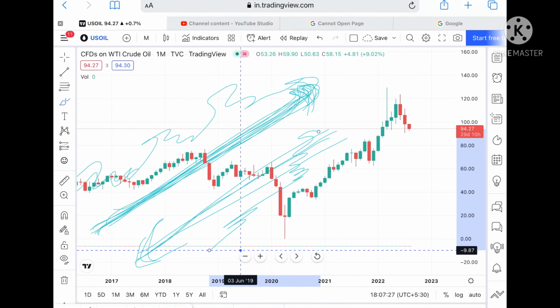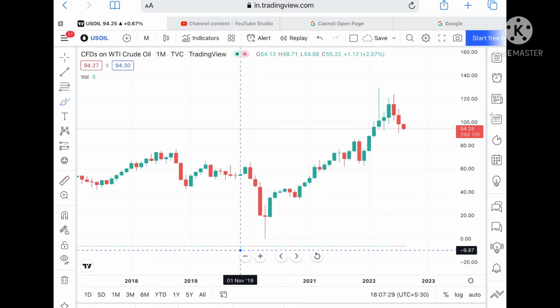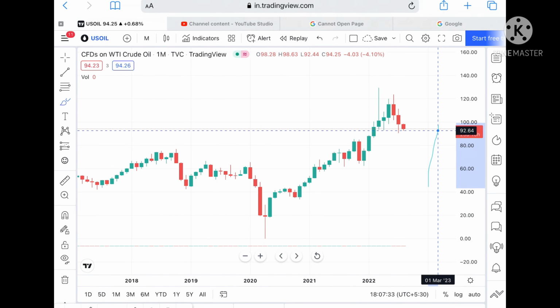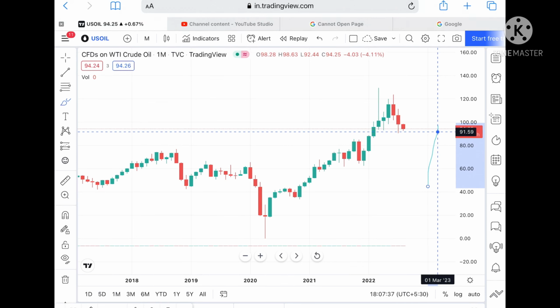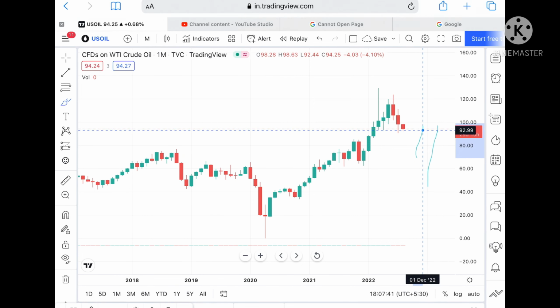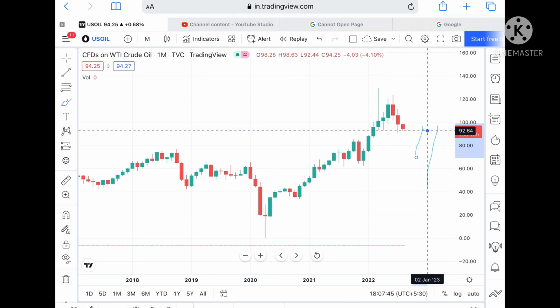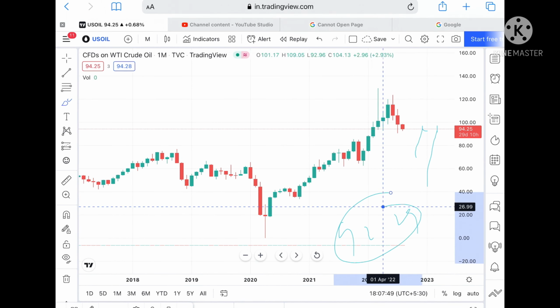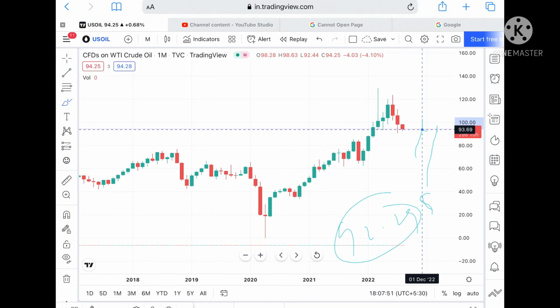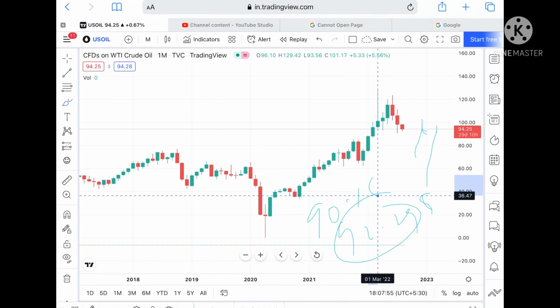So now suppose this particular level didn't sustain, we can see it can come down again to a level of $92.29. Okay, and because this $92.29 is again a weak support, the probability is high we can see it can move further down towards a level of $90.18.